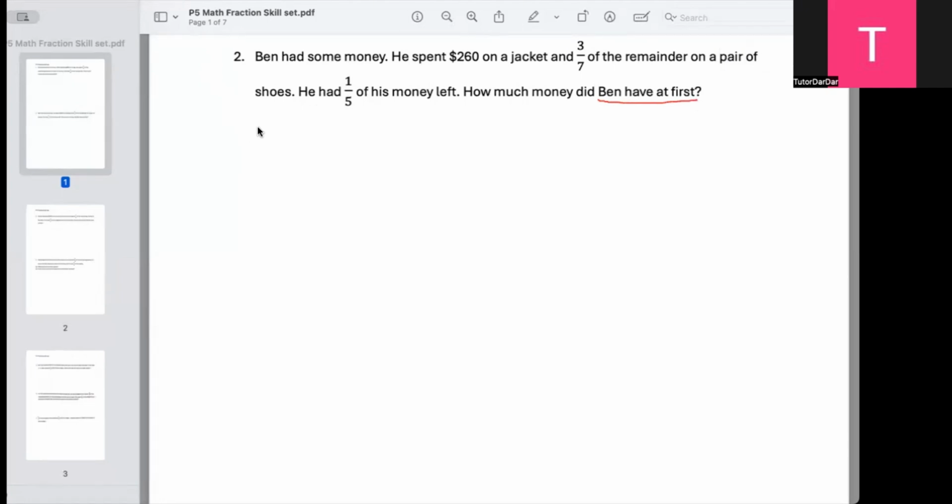So same thing, we will start with money at first. So from money at first, he spent 260 on a jacket. So this is 260. This is going to be jacket.